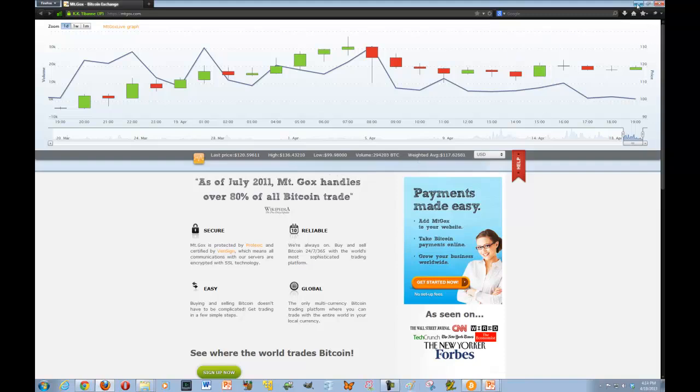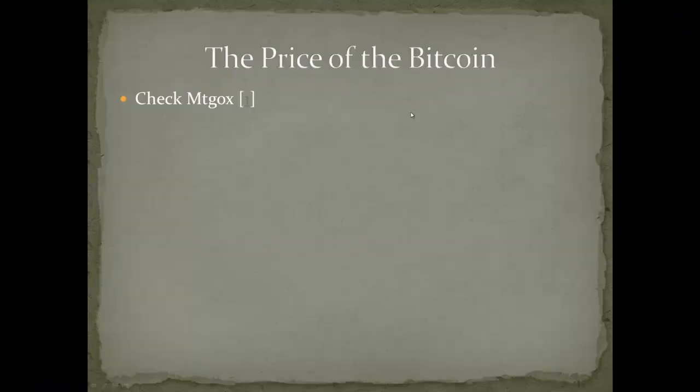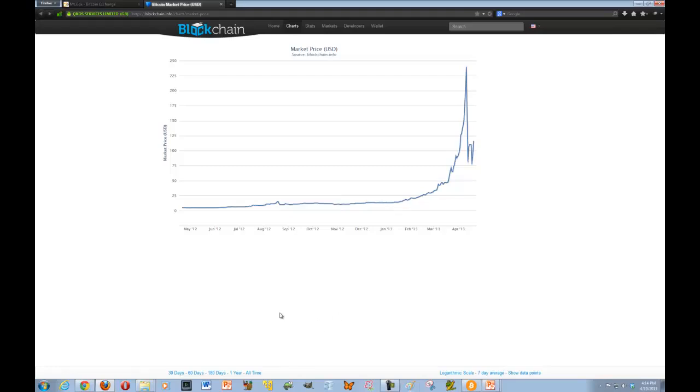There were more transactions than just that. Okay, so I'd also recommend checking Blockchain's price summary. And this right here is a historical price index of the Bitcoin since May of 2012.